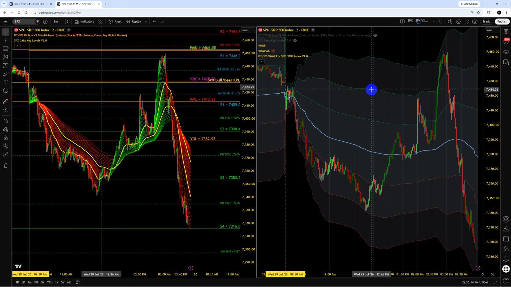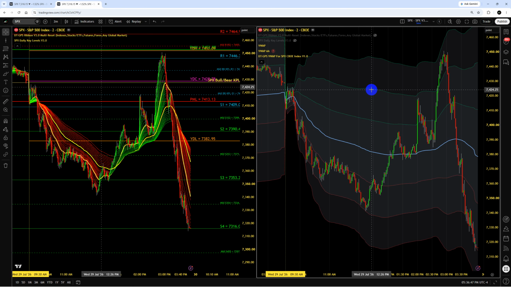The advantage of this is you can have it all on the same chart. So usually the workaround was to get ES futures or SPY and just put VWAP on that and gauge that. But that means that you either need to have a dual screen or multiple monitors in order to do that.